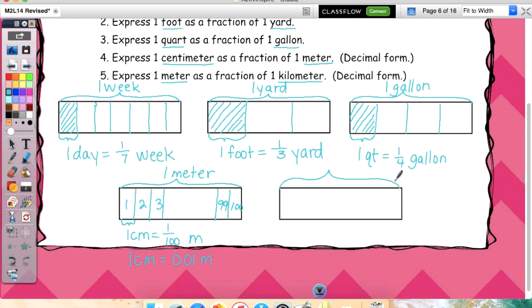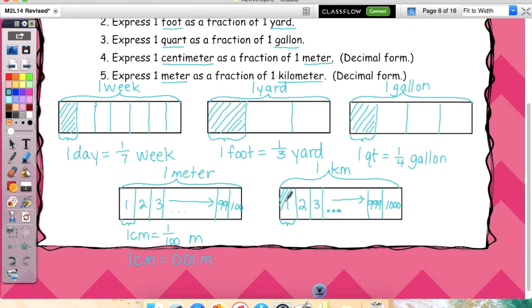Kilometer. I'm going to write 1 km here. And we're going to have to do the dot, dot, dot continued, aren't we? So we've got 1, 2, 3. How many meters are in a kilometer? 1,000.